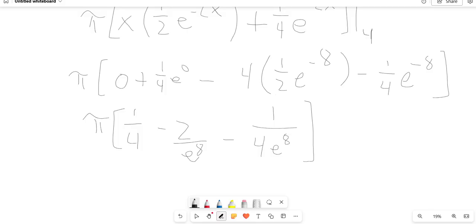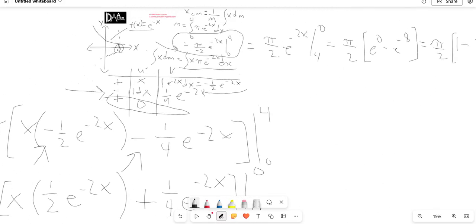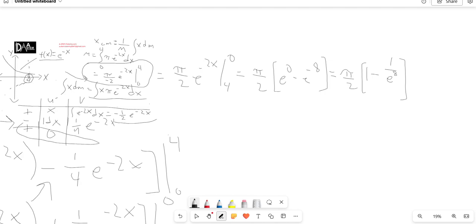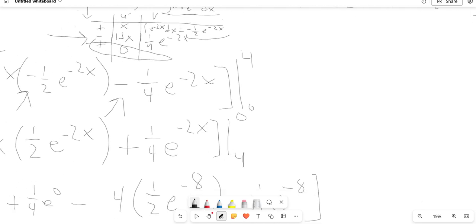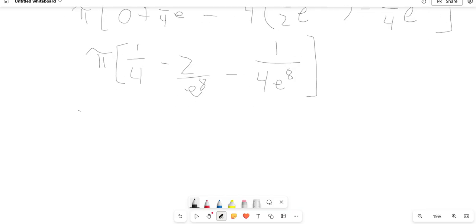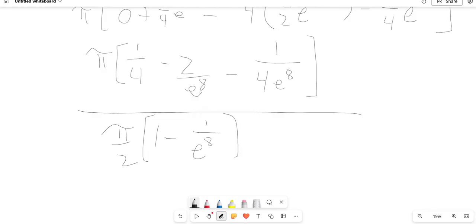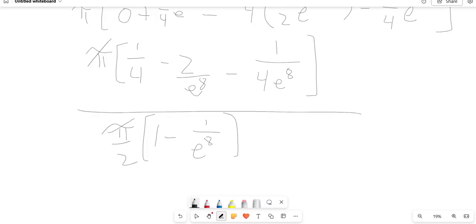So we put that entire expression over the mass expression, which was up here: pi over 2, over 1 times 1 minus 1 over e to the 8. Okay. So pi's drop out. The factor of 1/2 in the denominator is effectively multiplying the numerator by 2.